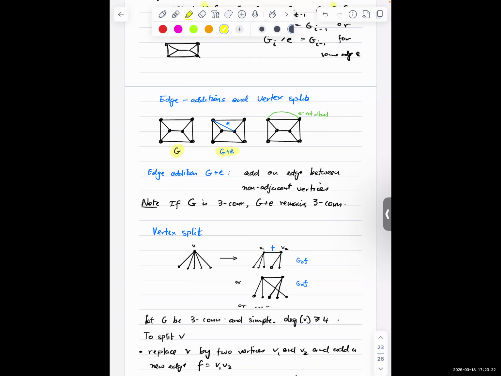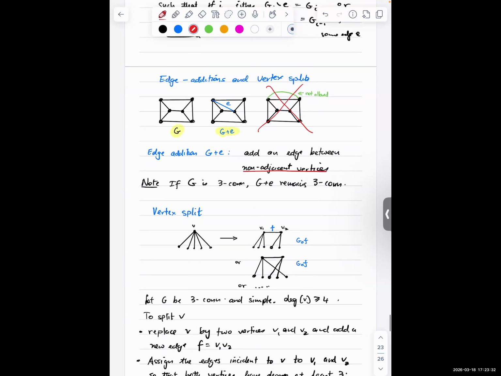And don't do this, because you're adding a parallel edge. That's why we have non-adjacent vertices. And the point is, if G is 3-connected and you add an edge, then it remains 3-connected. That would maintain 3-connectivity, but just don't do it. You're not contributing anything by doing the green edge.